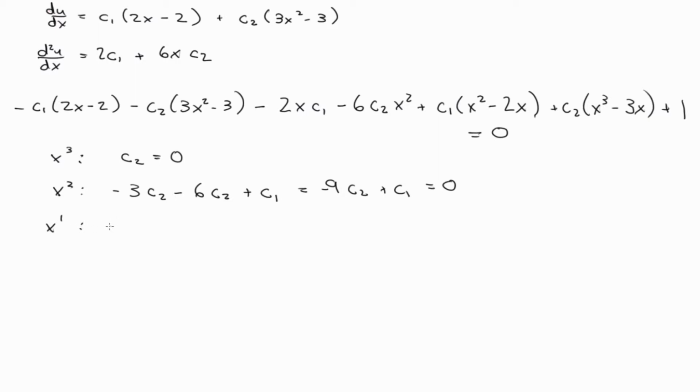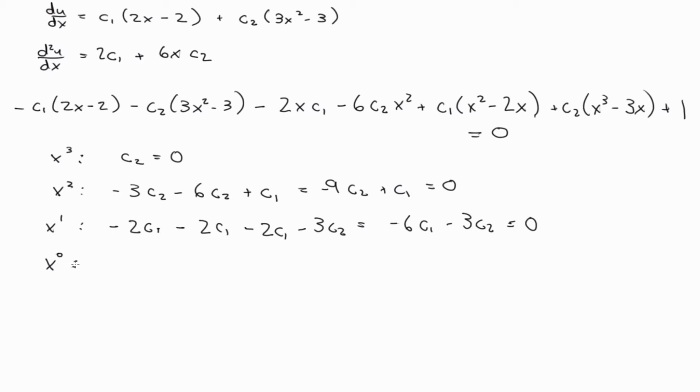For x to the 1, minus 2 c1 minus 3 c2 minus 2 c1, that's minus 6 c1 minus 3 c2 equal to 0.